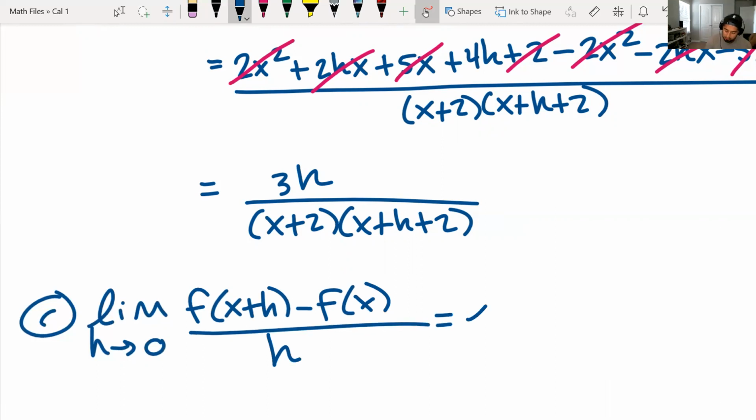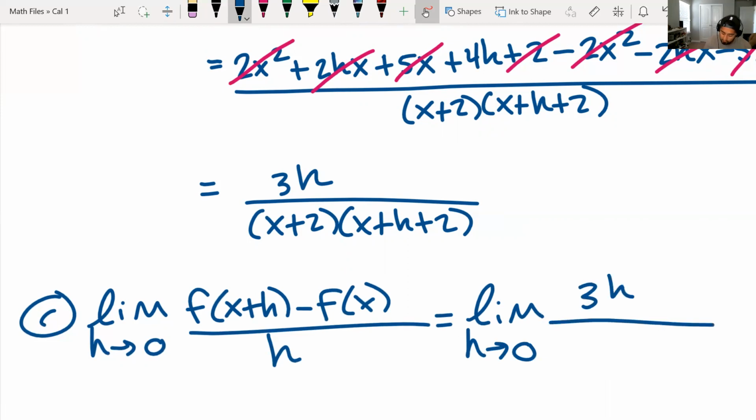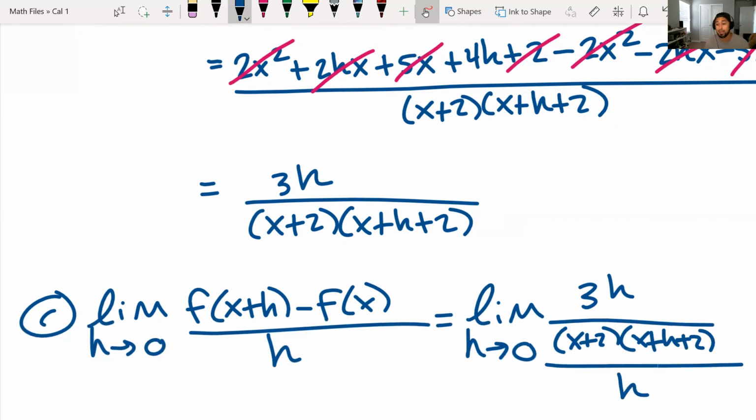All right, well, we know all of that. The limit as h approaches 0 of 3h over x plus 2 times x plus h plus 2, all over h.